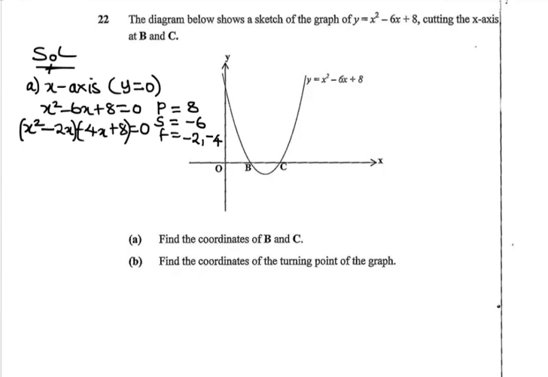Now we factor out what is common from each of the groups. So for the first one, x squared minus 2x, what is common is x. So factoring out x will leave us with x minus 2 in brackets. Then in the next group, negative 4x plus 8, what is common there is negative 4.